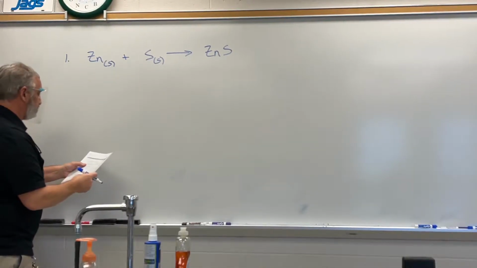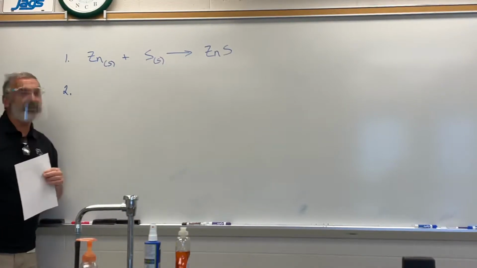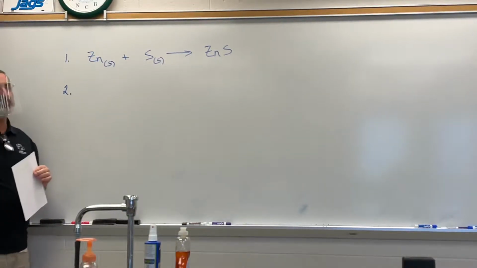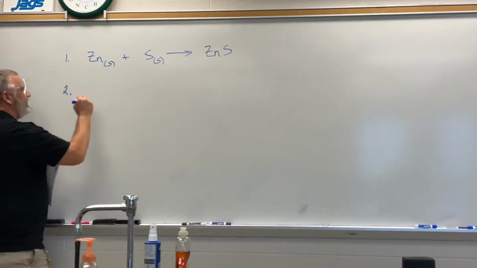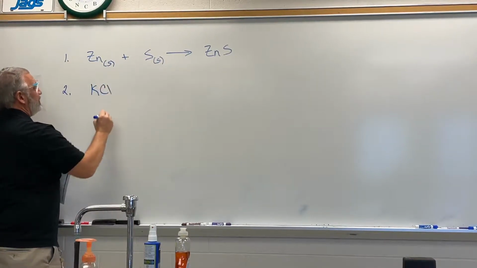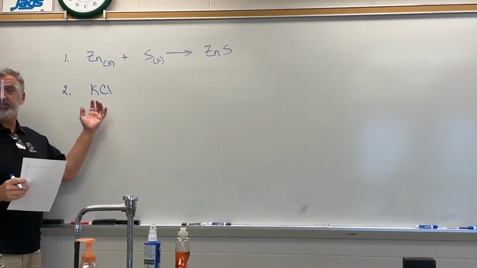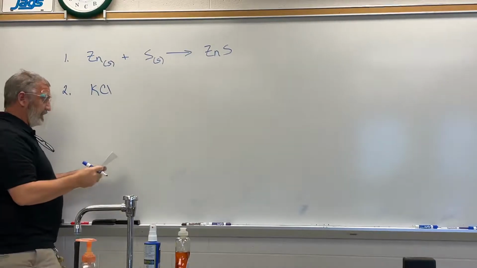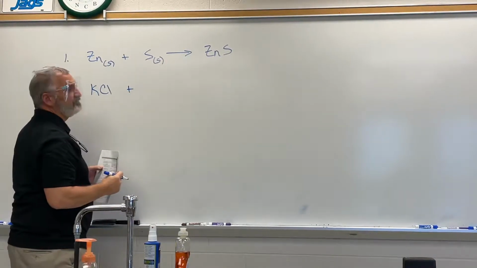Okay? Potassium chloride. What's potassium chloride's formula going to be, Clay? KCl. Okay? Now, again, I want to make sure we're always balancing charge, +1, -1. Plus silver nitrate. Let's keep going, Clay. You're on a roll.